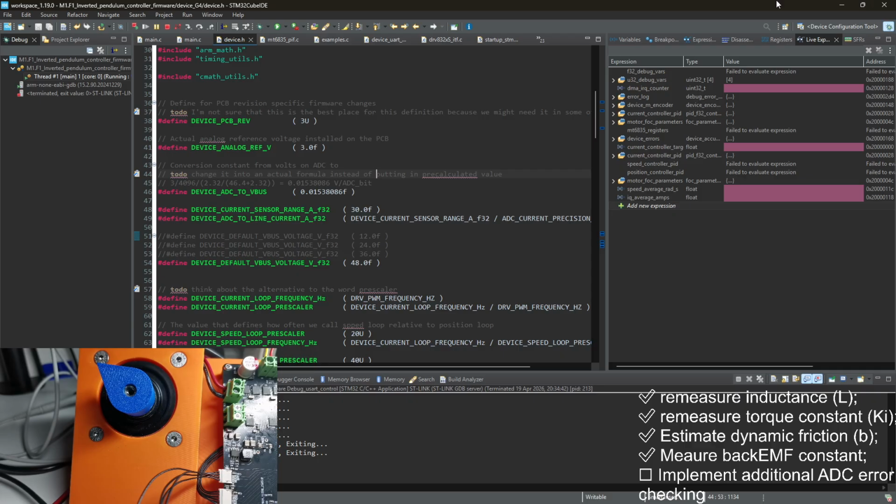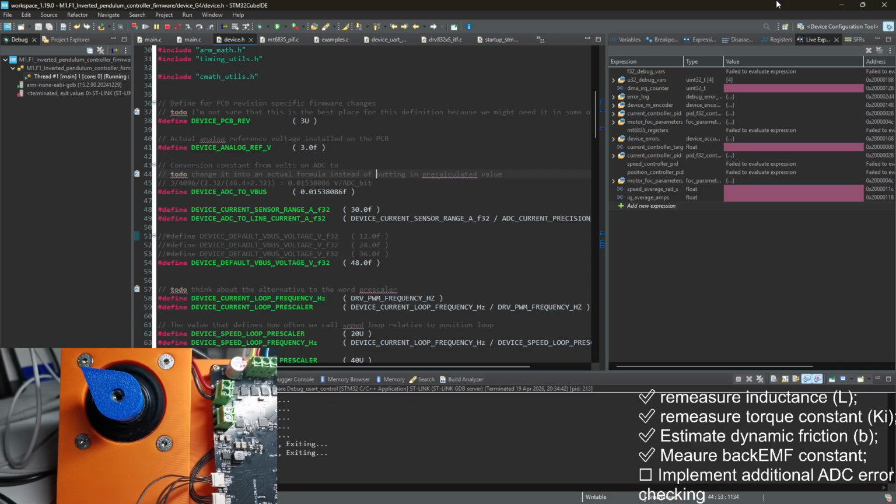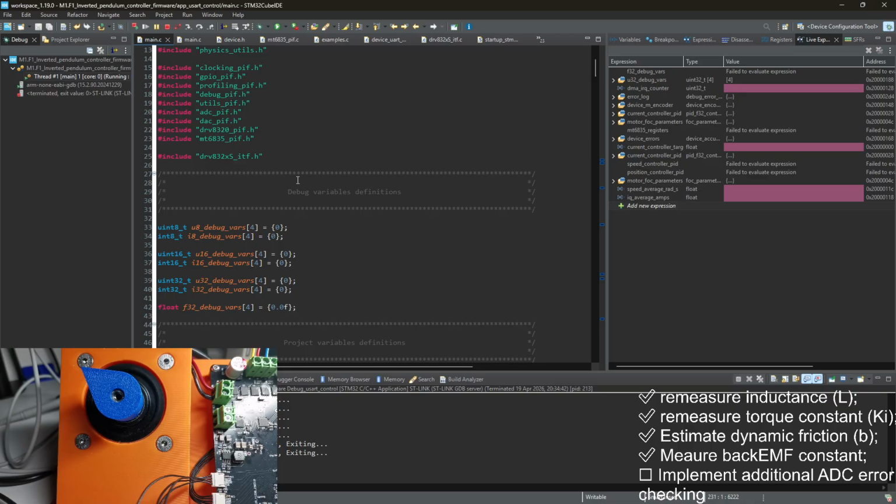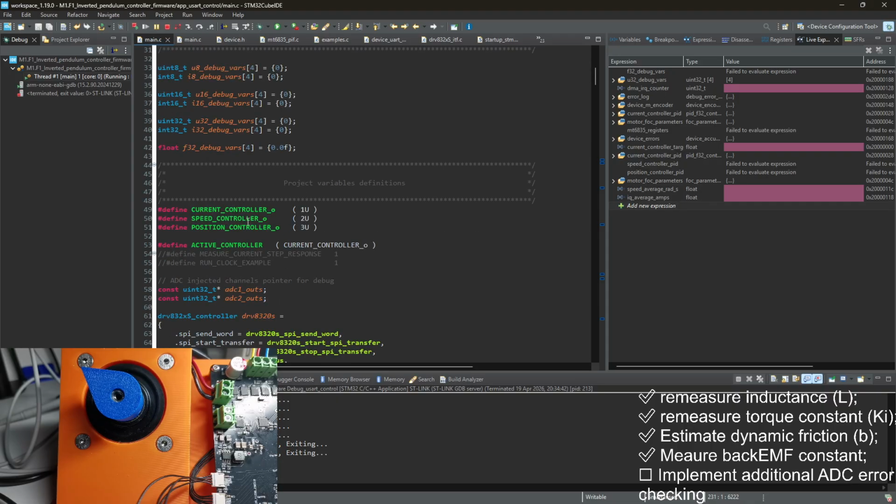Okay, and let's run an example. Let's run our clock example, because why not? Actually implemented a fast start for this example. Position controller and clock example, and let's run it.